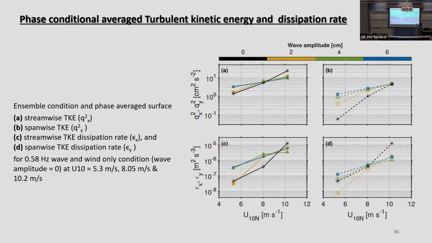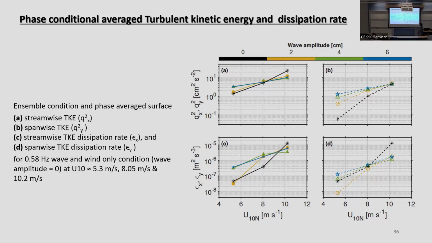You see the effect of sheltering because at low wind speed, this spot is below all the wave cases. But at the highest wind speed, the TKE for the wind-only case is higher than any of the cases which have waves in them.